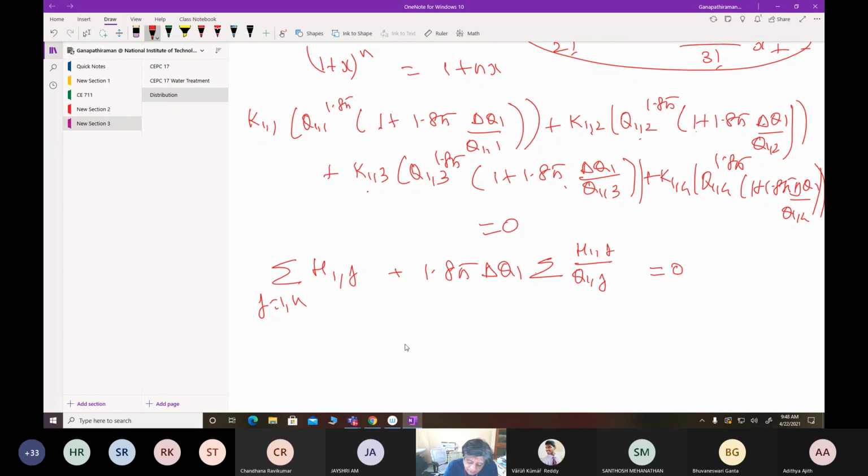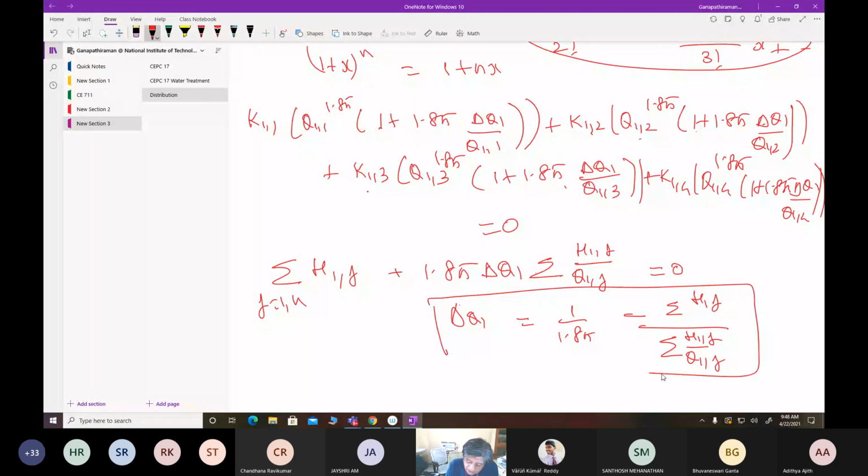So what I want is only delta Q1. Delta Q1 is equal to minus of sigma H1j divided by 1.85 sigma of H1j by Q1j.